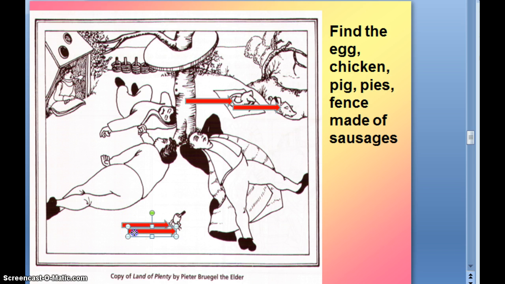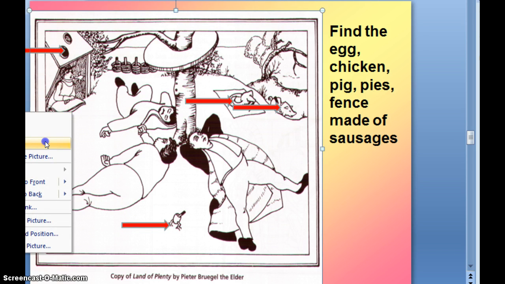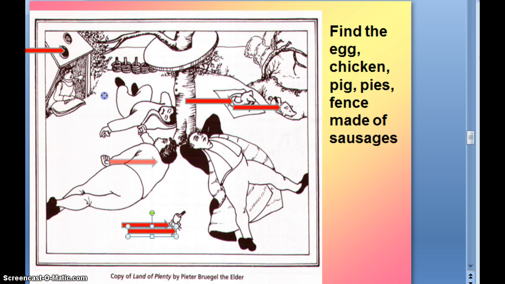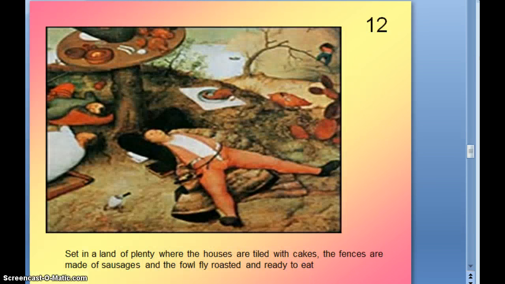Pies on this shed roof, up there, and the fence made of linked sausages would be there. Here's another of the original. Set in a land of plenty where the houses are tiled with cakes, and some of that is cut off on the left side. The fences are made of sausages, and the fowl fly roasted and ready to eat.